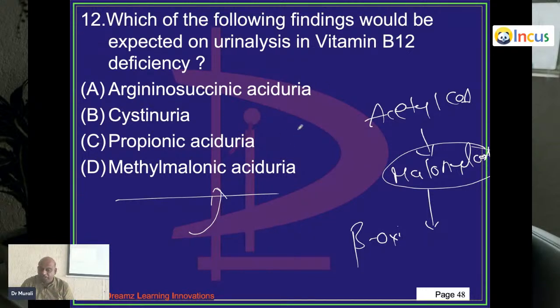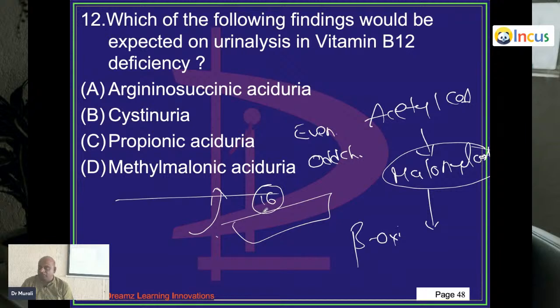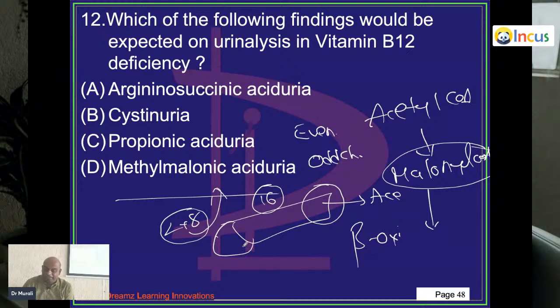One is even carbon, the other is called odd chain. So if you take 16 carbon, then every time beta oxidation is happening, 2 carbons are gone as acetyl-CoA. So 16 breaks down into 8 acetyl-CoA molecules. But if it is an odd chain one, then the last one that is produced is a 3 carbon one, propionyl-CoA.